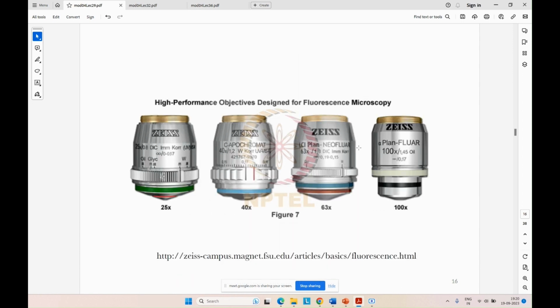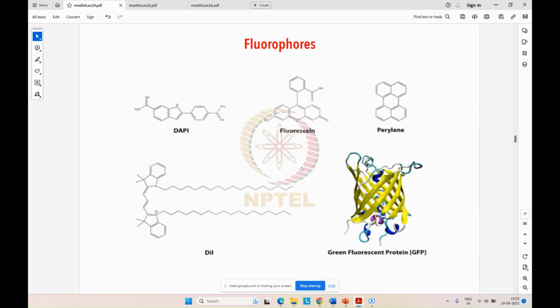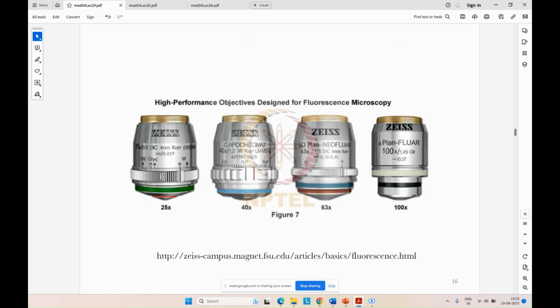And these are the different kinds of objectives that I was talking about. So some objectives have the capacity... how thick your sample is also affects how well you can image it, and what your sample is placed on.